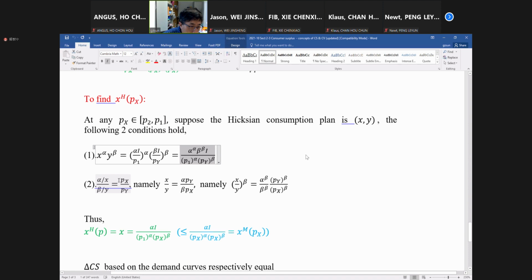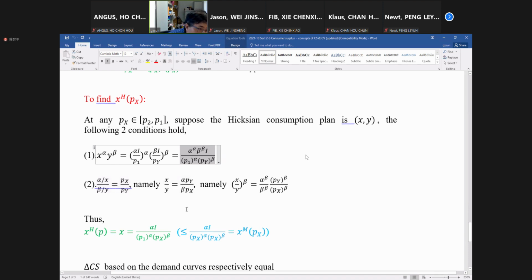Multiply x on both sides, on the numerator part, and on the denominator part also, then you get x over y equal to alpha times py divided by beta times px.